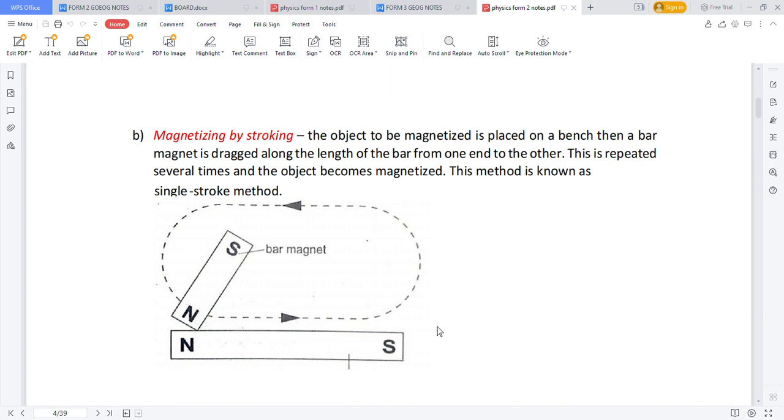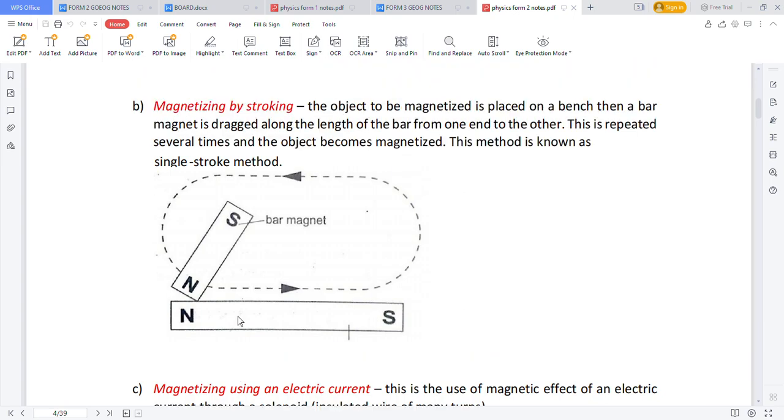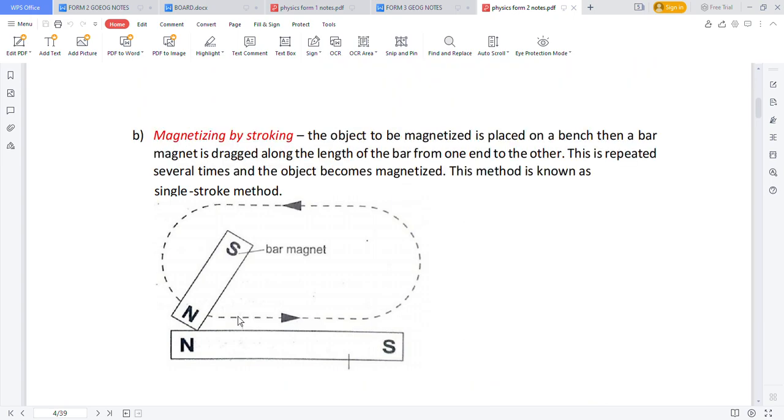The end at which you make a corner will acquire the opposite, which is going to be a South Pole. So as you move in a clockwise direction, or whatever direction you are going, the point at which you turn will acquire the opposite pole to that of the bar magnet. So this is the single stroke method.